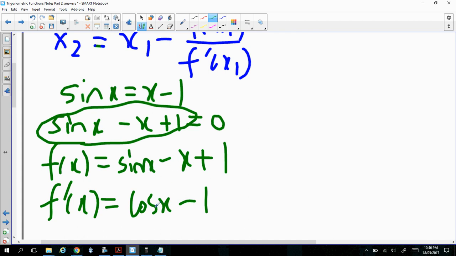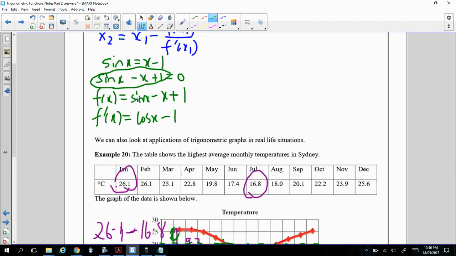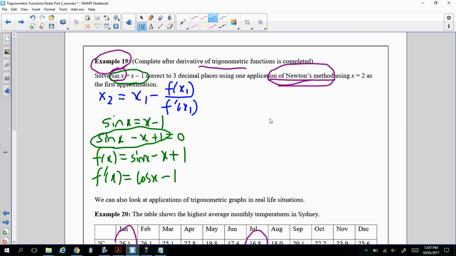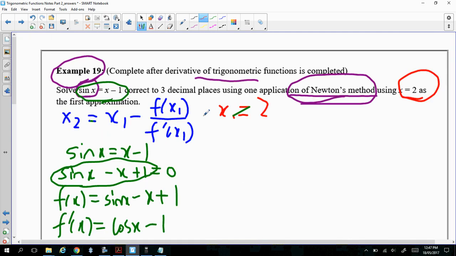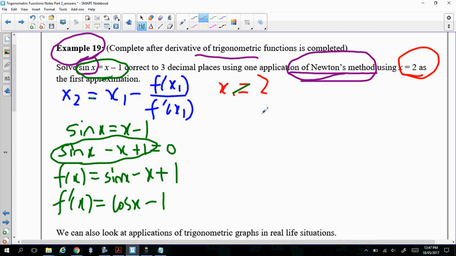We're going to use x equal to 2 as our first approximation, so x1 equals 2. Now we use the formula to get the second approximation. x2 equals 2 minus f of 2 over f dash of 2. Using your calculator, 2 minus sine 2 minus 2 plus 1 over cos 2 minus 1.